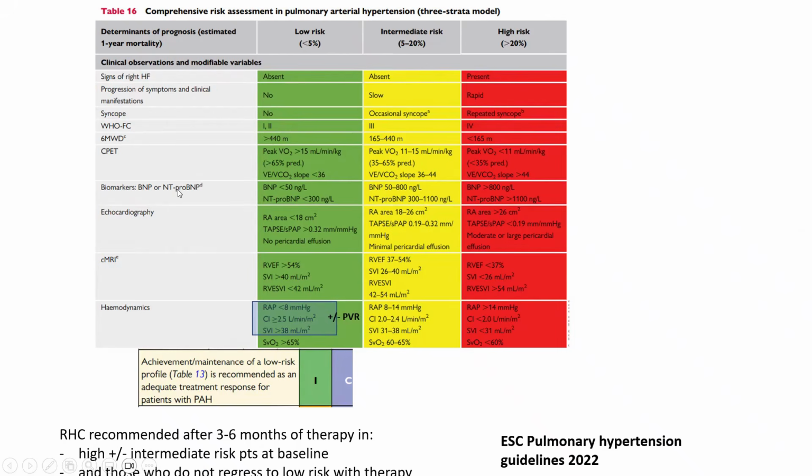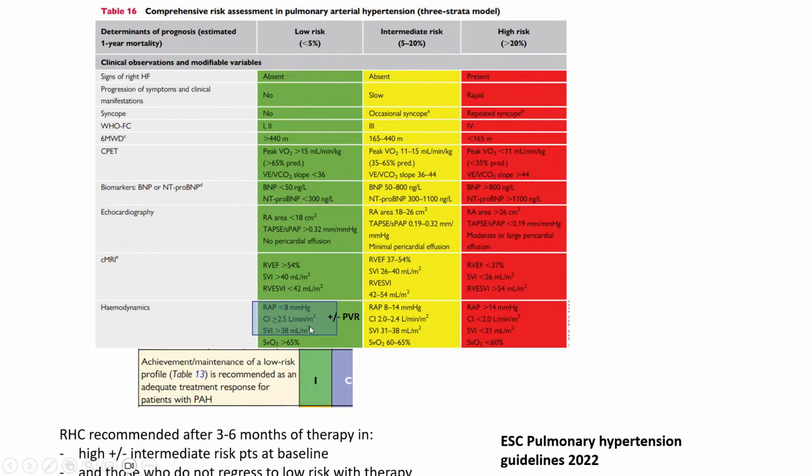We also consider BNP, echocardiography, and invasive hemodynamics. When we treat patients, we want all intermediate and high risk to become low risk upon treatment. And what we mean by low risk is NYHA class 1 or 2, very good 6-minute walking distance, NT-BNP less than 300, reduced RA area, RV volume, and RA pressure by IVC assessment.